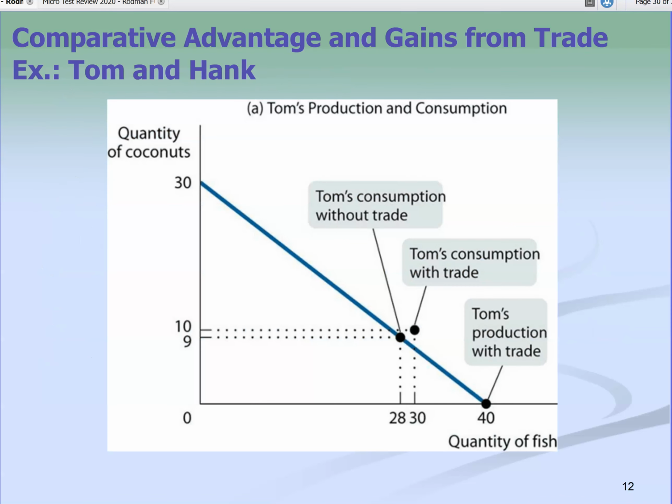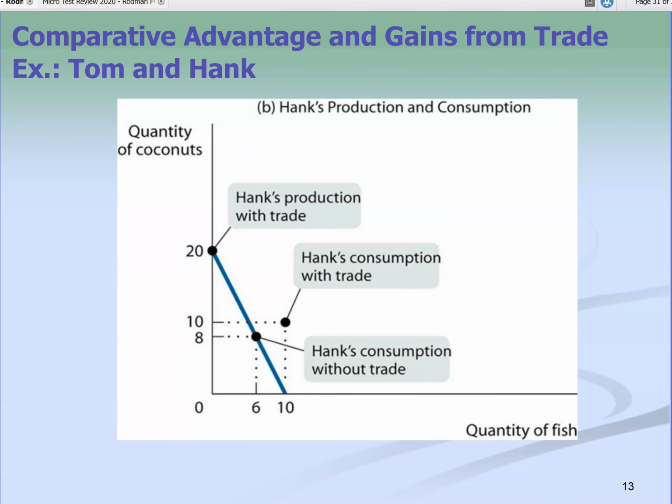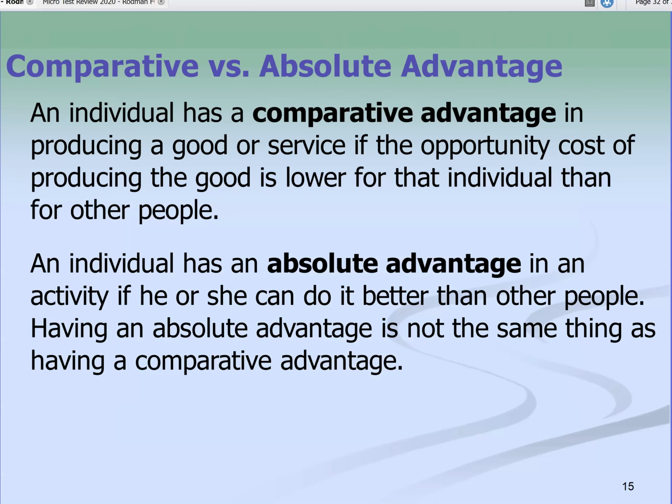So this is the idea of consumption with trade and without trade: he obviously can consume more. Now you can't produce beyond your PPC, but you can consume beyond your PPC as a result of this, and we can see that Tom is able to do that. He's able to consume beyond his PPC because of this, and Hank's able to do the same. Because of that specialization, there are gains from trade as a result of this. And this leads to this discussion about comparative advantage.